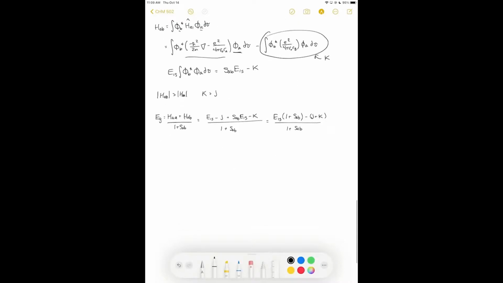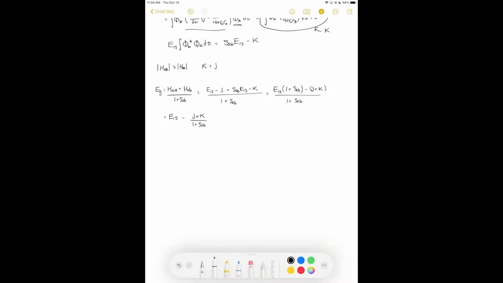Here we can cancel out the 1 plus SAB on one side, and we get that EG is equal to E1s minus J plus K over 1 plus SAB. So in other words, our EG energy is the same as the E1s energy, and then lowered, because J and K are positive numbers, lowered by a certain amount. And this is what we expect based on the way we've drawn MO diagrams before, and what we already talked about last class.